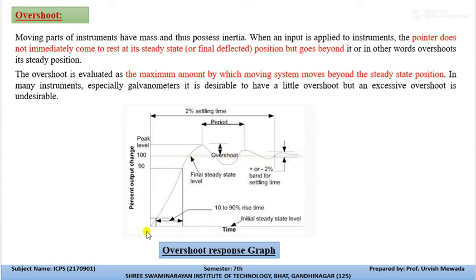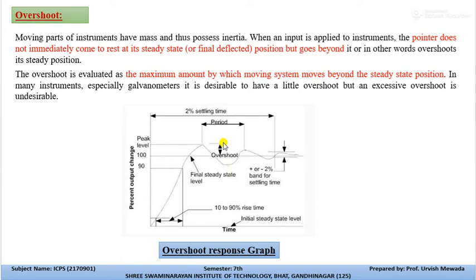Now you can see that as time passes your pointer shows deflection, and after this point the signal is retarded, and then again it goes up, but the peaks of both are not the same; compared with the previous one this is somewhat smaller, and then it gets steady after a particular time. So this is called the overshoot; it requires 2% of settling time, and for this period overshoot occurs.